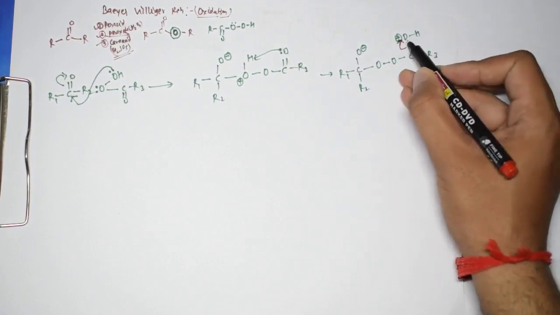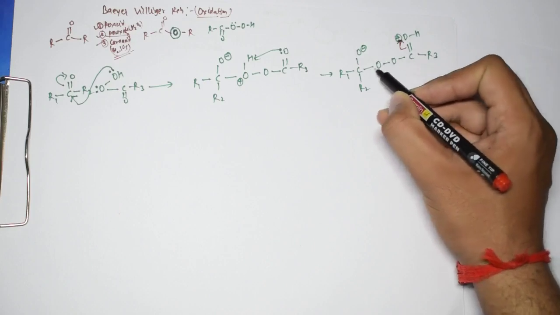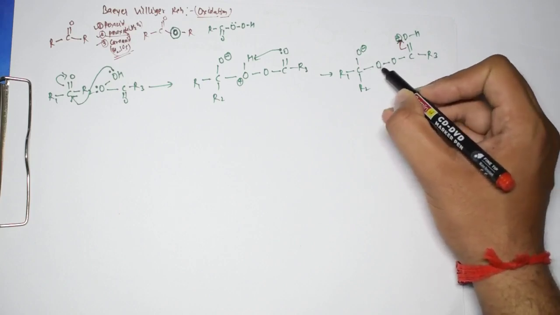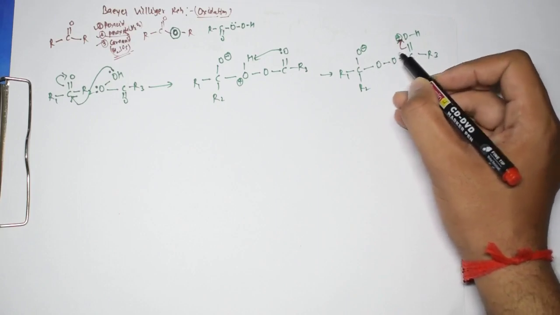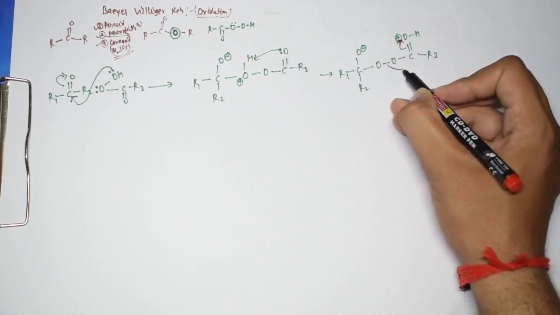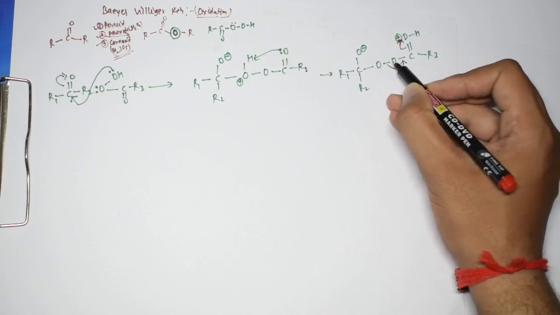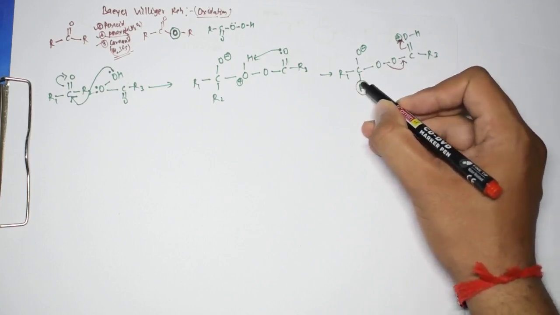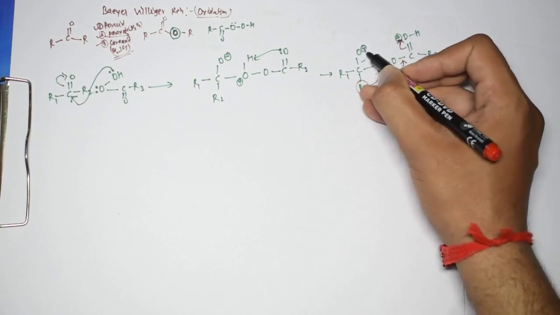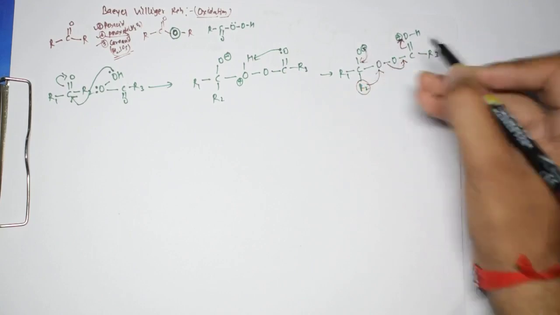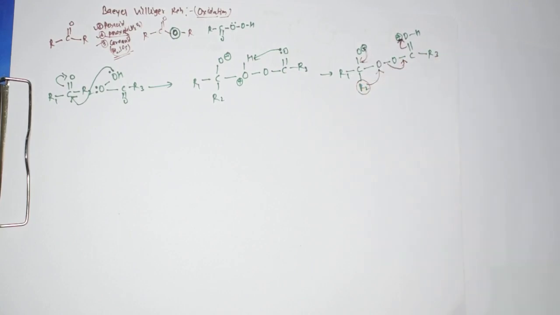So this will migrate over here, right? Once this migrates, the bond between oxygen and oxygen will shift over here, and this R2 which is present over here will migrate over here, and this negative charge will migrate onto this carbon, right?